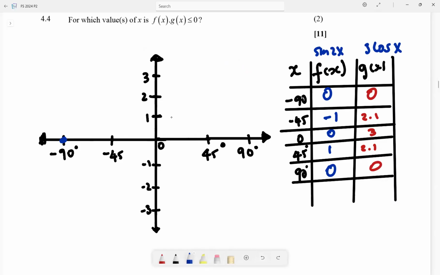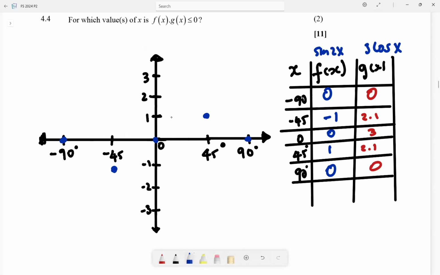When x is negative 45, y is negative 1. When x is 0, y is 0. When x is 45, y is 1. When x is 90, y is 0.